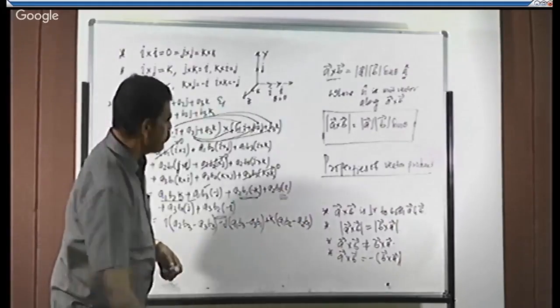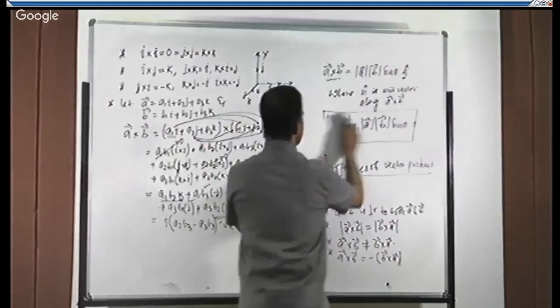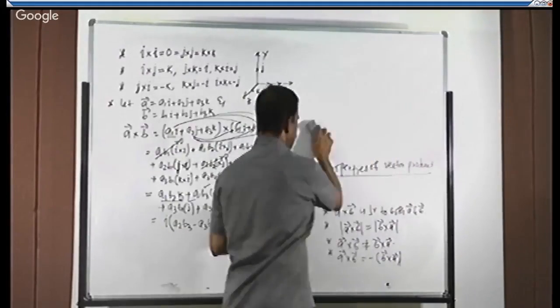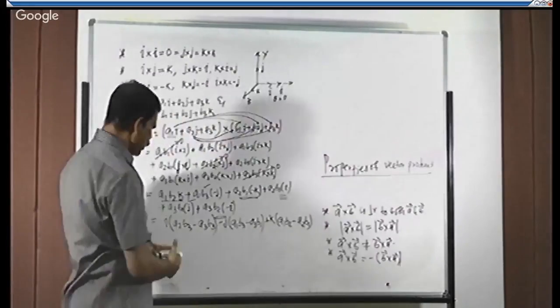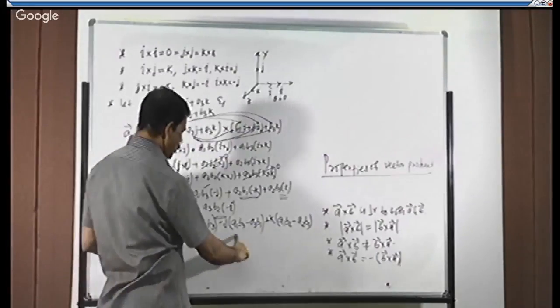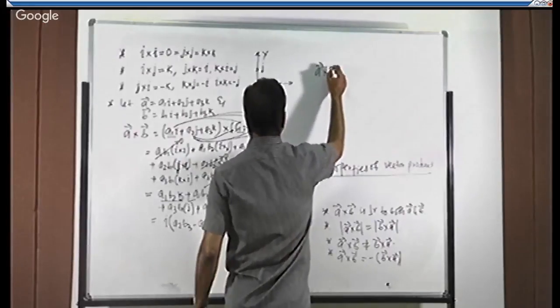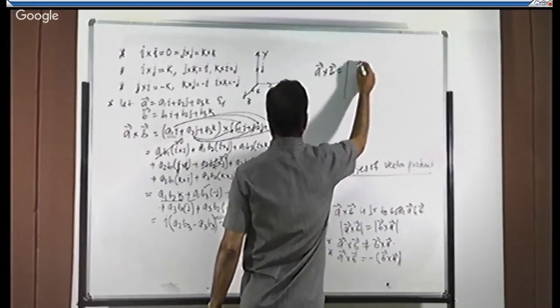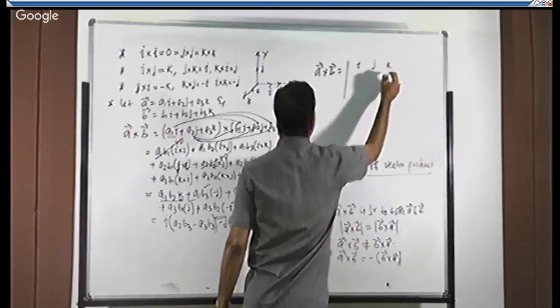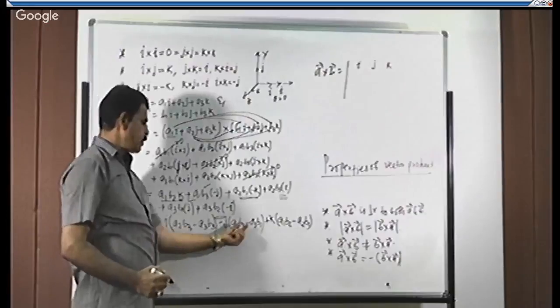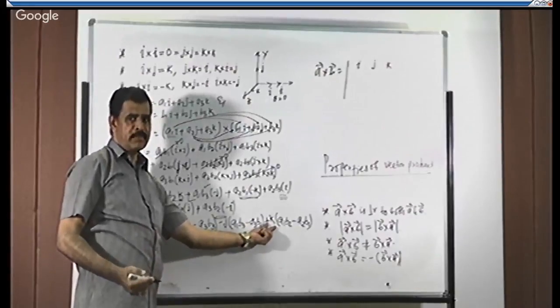Finally, this equation can be taken in the determinant form because it is appearing as an expansion of a determinant. So like this, A cross B is equal to I, J, K. First row, I minus J plus K. It is an expansion, no?